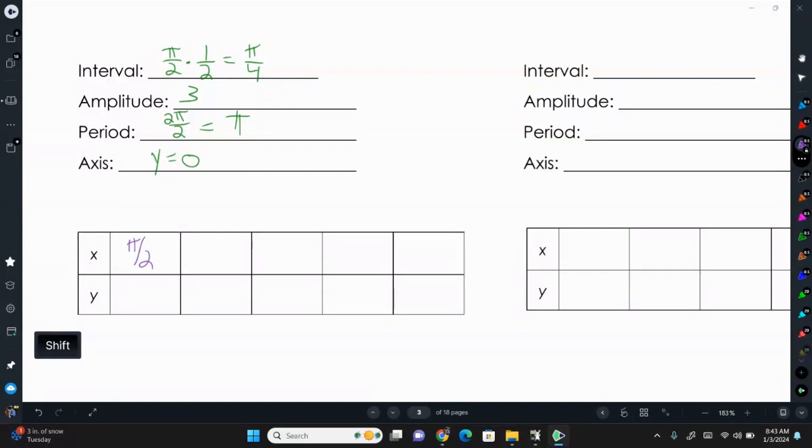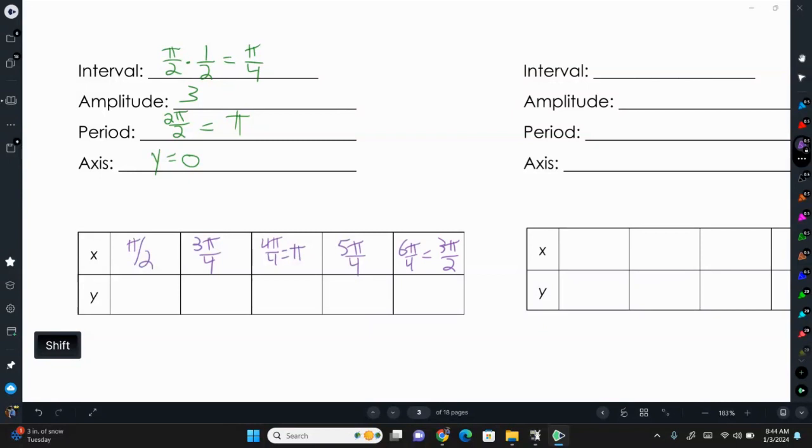Well, you can already see that these are not common denominators, so we have to address that. So pi over 2 plus 1 pi over 4 is 3 pi over 4. Then we have 4 pi over 4, which is pi, 5 pi over 4, and then 6 pi over 4, which is 3 pi over 2.